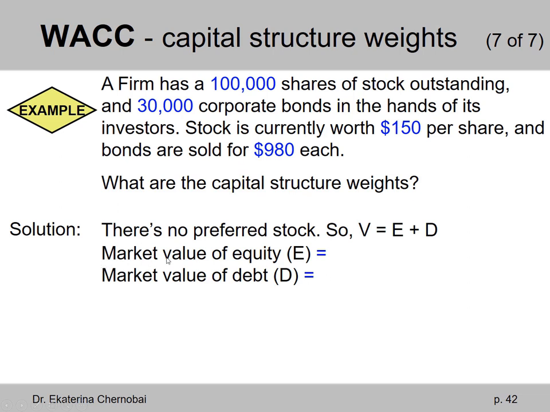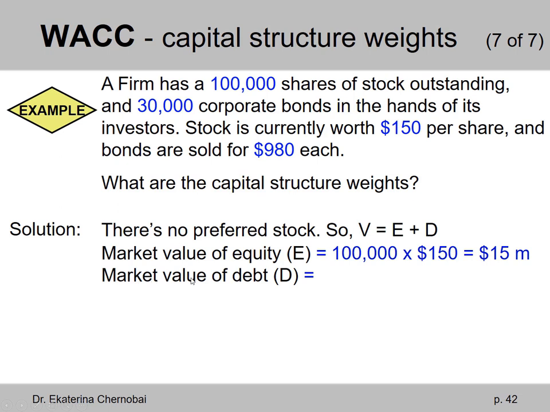By definition, market value of equity is the number of shares of stock times the price, the market value of its share, or nothing but today's price per share. So here the wording is stock is currently worth 150 per share. That refers to today's market value of each share. So the market value of equity equals 100,000 shares multiplied by $150 market value per share, which gives $15 million.